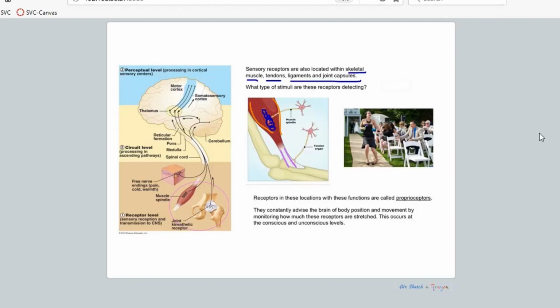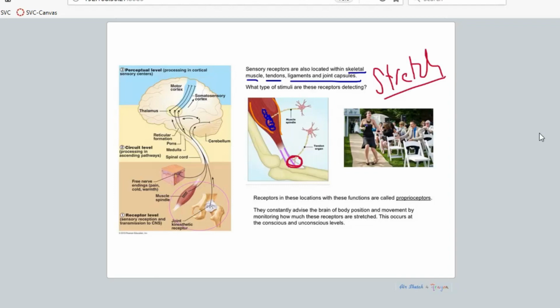We have these sensory receptors that are located within the tendon. Okay. Now, what are these sensory receptors detecting in the skeletal muscle, in the tendons, in the ligaments? They're detecting stretch.